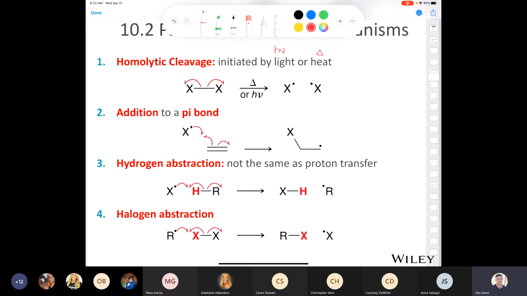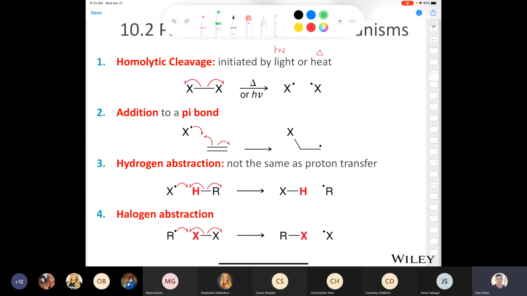Once we've done the homolytic cleavage, we can do what's called an addition to a pi bond. That's where we take a radical and we just add it to a pi bond. We break the pi bond and we end up forming a new radical. We can do a hydrogen abstraction, right? If the bond dissociation energy of the carbon-hydrogen bond is weak enough, we can break that bond using a radical.